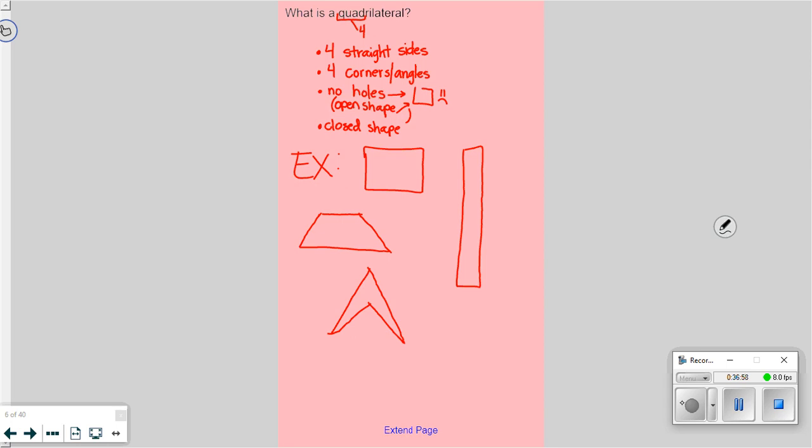Yes. Does that one look really crazy? Yes. That's not what I think of when I think of a quadrilateral. But is it a quadrilateral? Yeah. That is a shape. What would I call that shape? I would call that shape quadrilateral. That's the name of that shape.